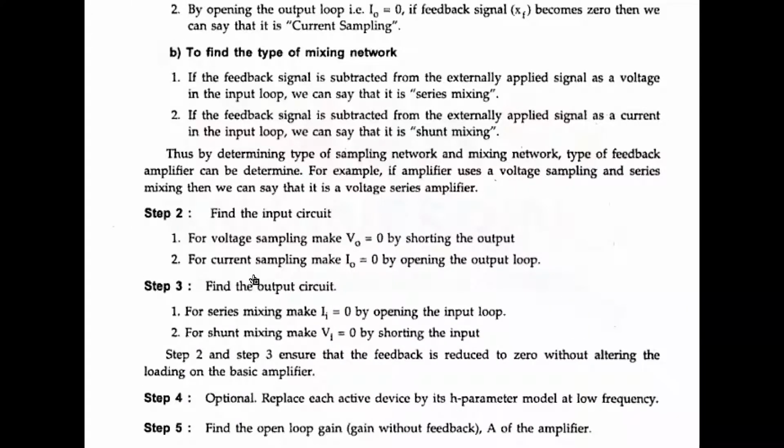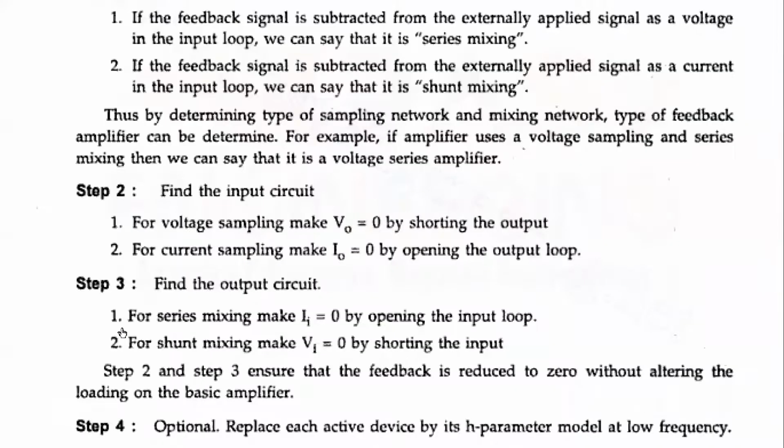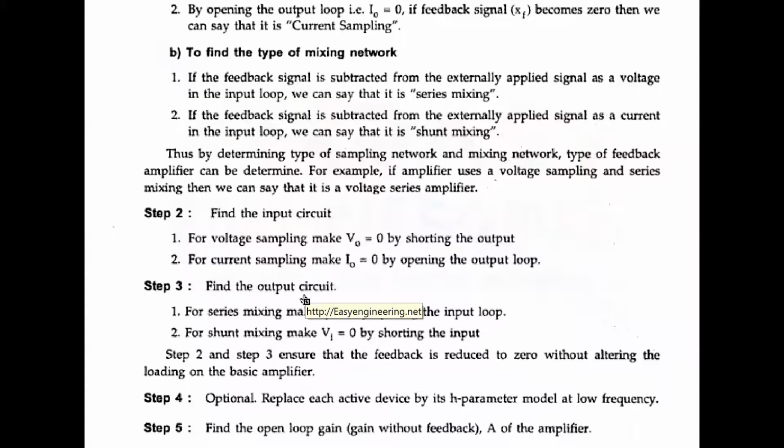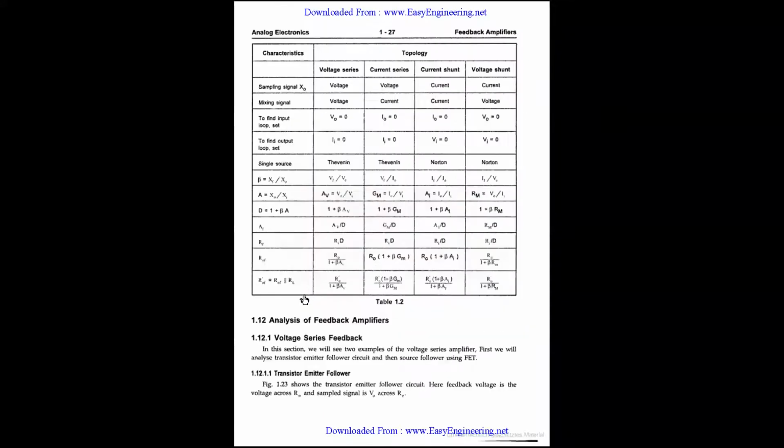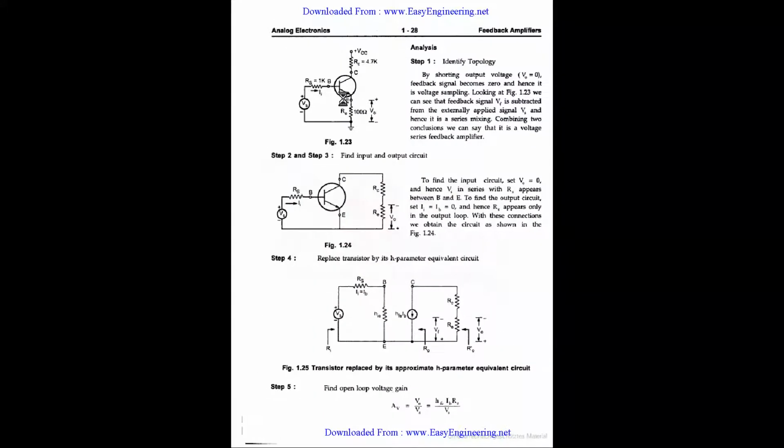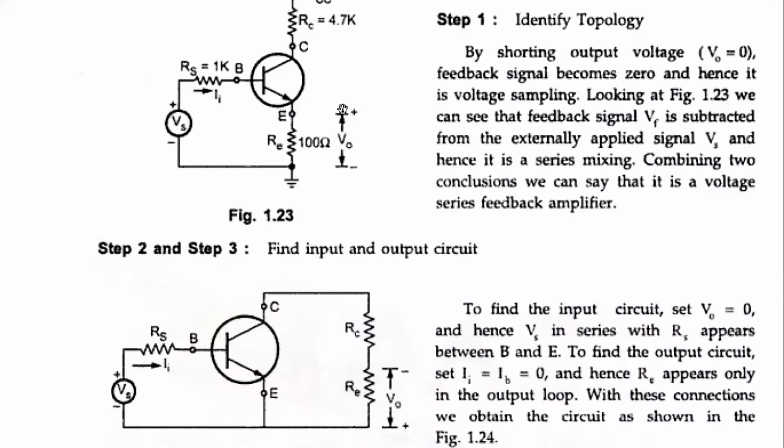Series mixing means the first point is: make Ii 0 by opening the input loop. Make Ii 0, open the input loop, then whatever is the output, draw it. So make Ii 0 in the input loop. So this is the circuit.